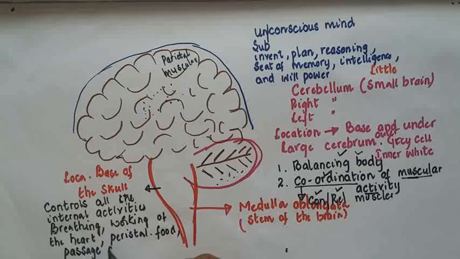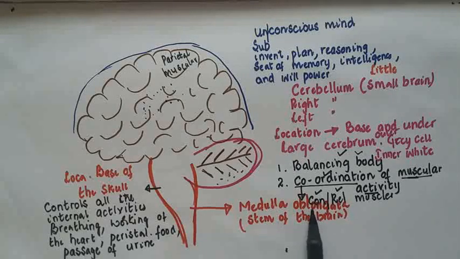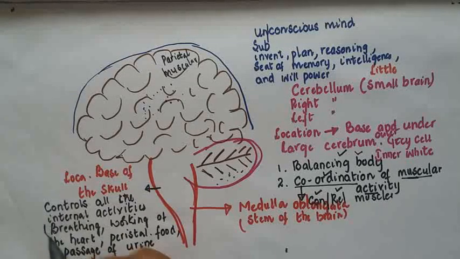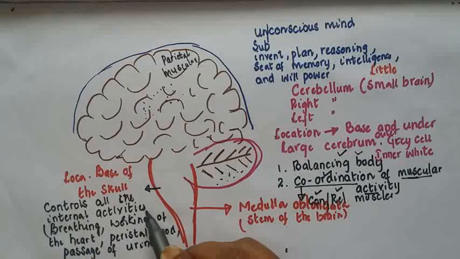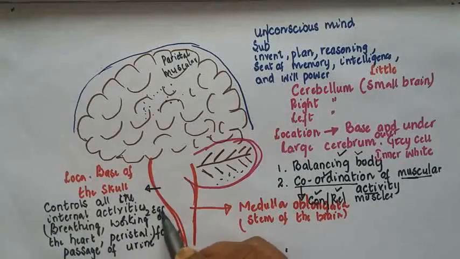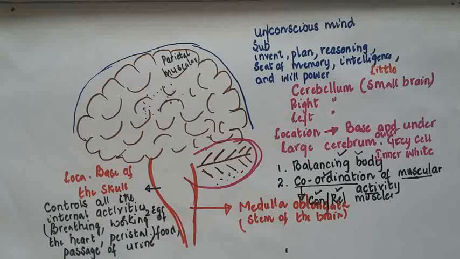All these functions are carried out by the involuntary muscles, right? So all these functions are controlled by the medulla oblongata. In case they ask you about the function of the medulla oblongata, you have to mention it helps in controlling all the internal organs of the body, along with two examples. You have to write two examples in that function, right?